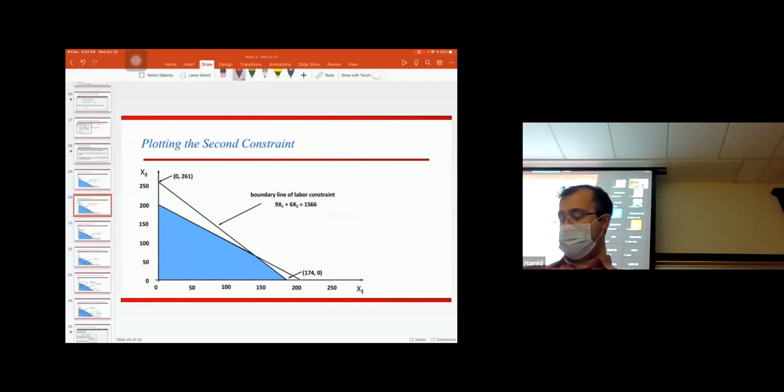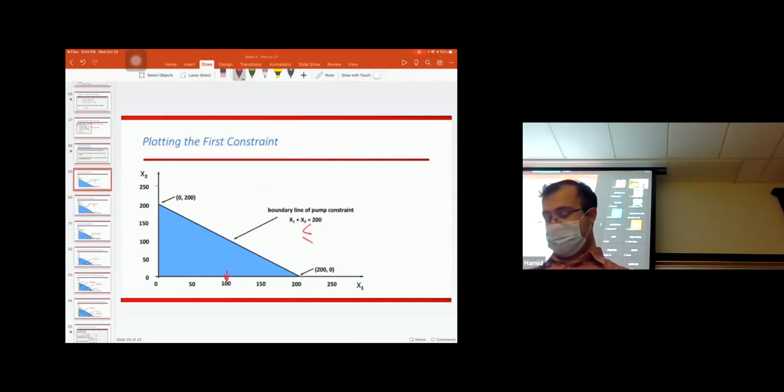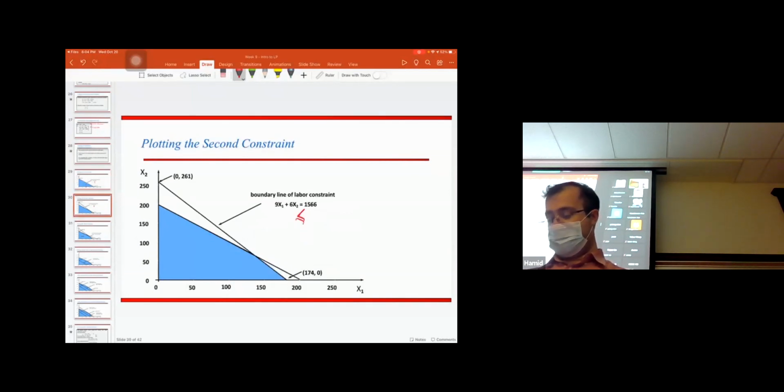Also, we have the labor constraint. You first use the equation to draw the line, then you know that it is less than or equal to 1566. Then you overlap the first two regions. The first region was everything less than this line. For the second inequality, it is still less than here and here.